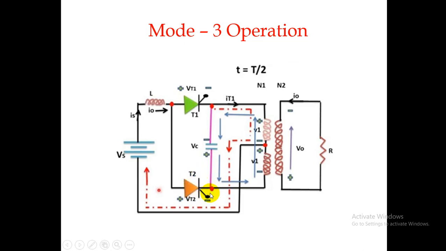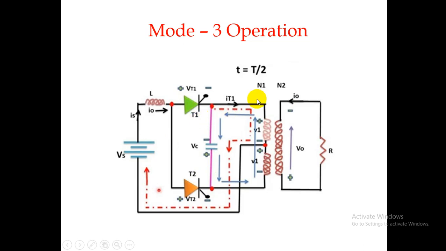If that discharging current of the capacitor is able to compensate and reduce the anode current below the holding current, then T2 is automatically going to be off. Then there is no requirement of an extra circuit to turn T2 off in the configuration. Like that the operation is going on.